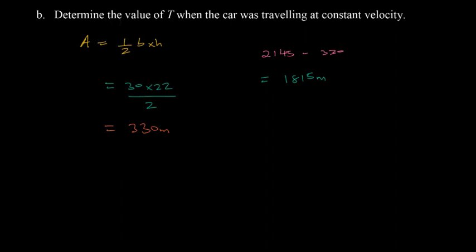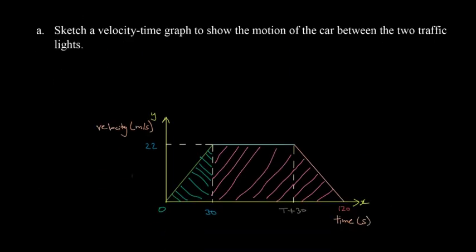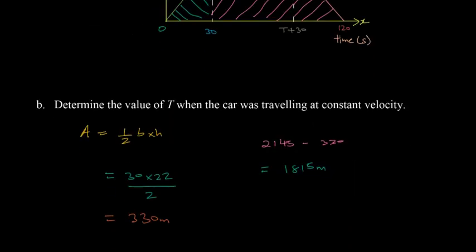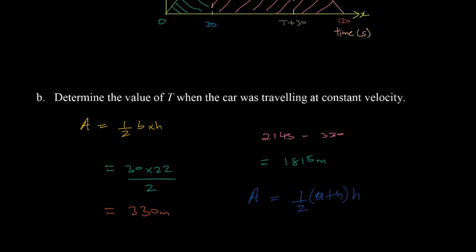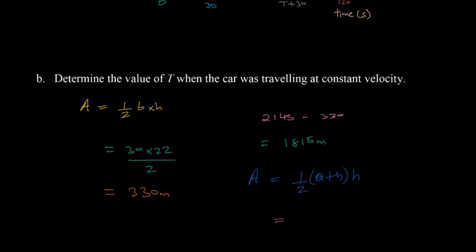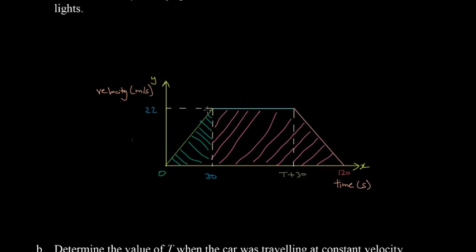So it therefore means that the area of this trapezium would be the value we just calculated, which is 1,815 meters. The area of a trapezium is equal to a half, A plus B, times the height. A would be from 30 to t plus 30.